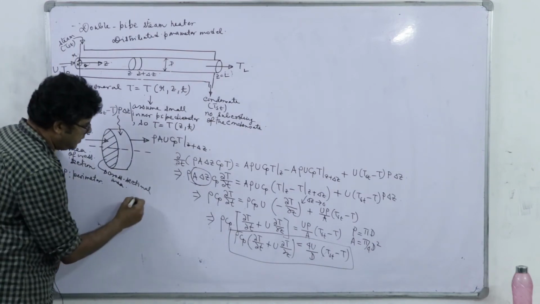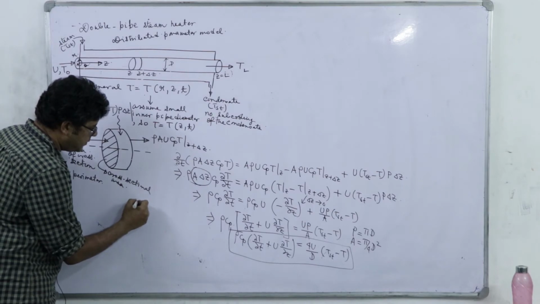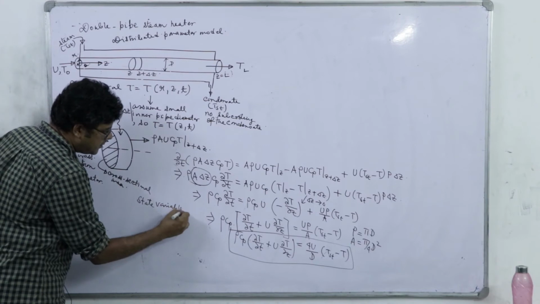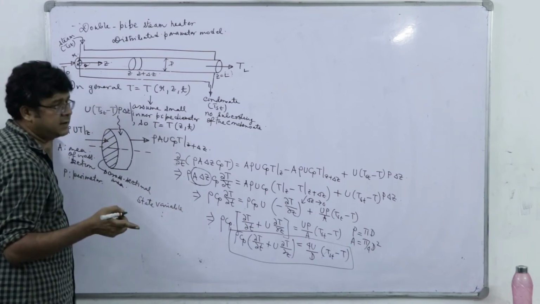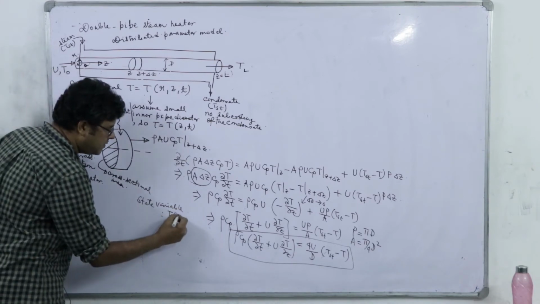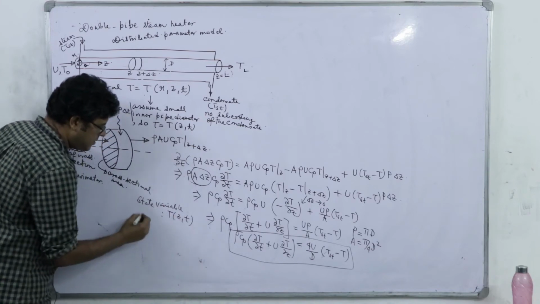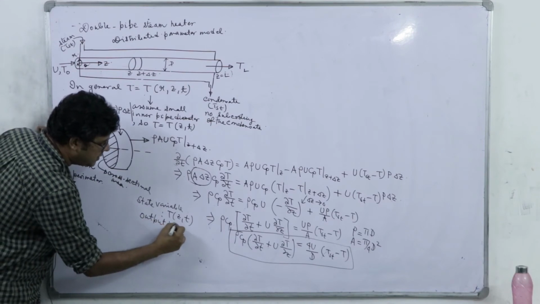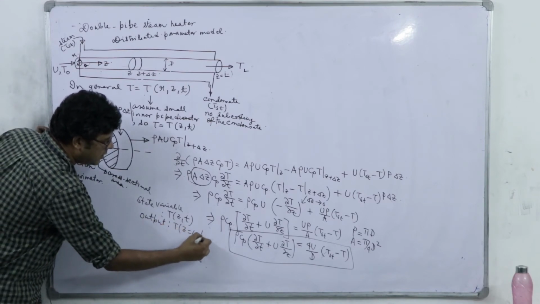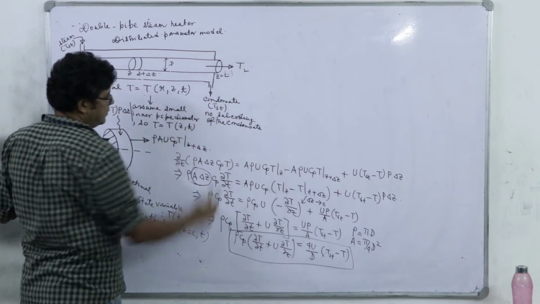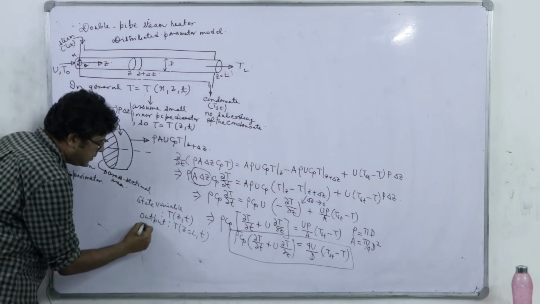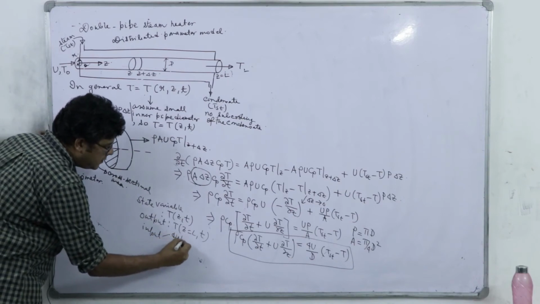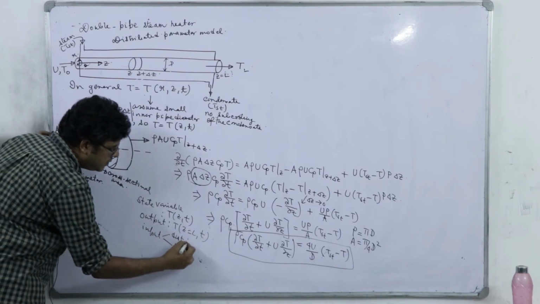So, you see that the state variable here is T of Z and t, that is the state variable, but the output here is different, it is T at Z equal to L comma t, that is the outlet temperature. Input, disturbance and manipulated variable.